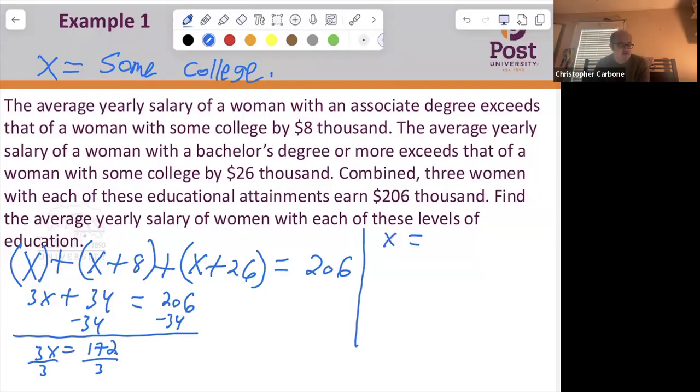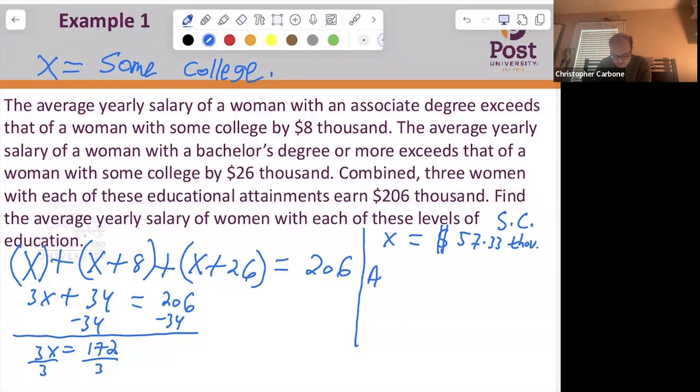X for that some college, 172 divided by 3, makes about 57.33 thousand, which I'll just abbreviate due to lack of space. So this is the some college.